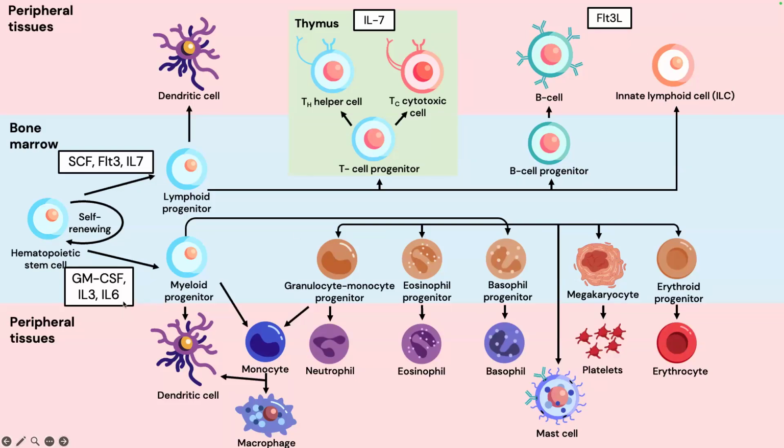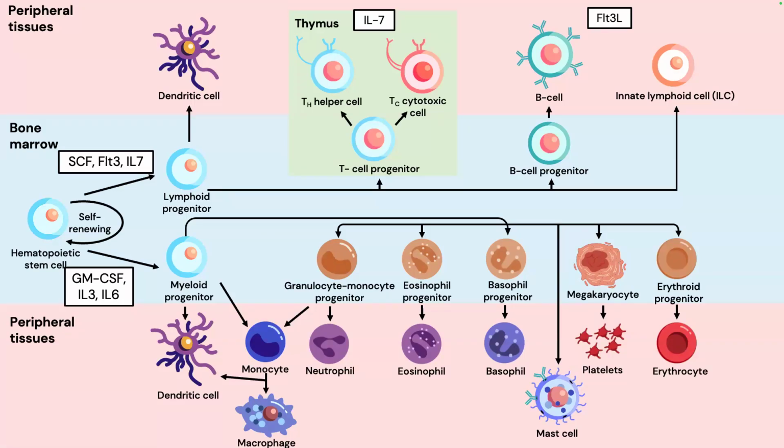This is going to act on the HSCs as well, and it's going to usually promote proliferation into granulocytes and macrophages, and it can also influence other myeloid subsets. IL-3 acts on early hematopoietic precursor cells. IL-6 also enhances proliferation of hematopoietic stem cells as well, and it is stimulated by IL-3.